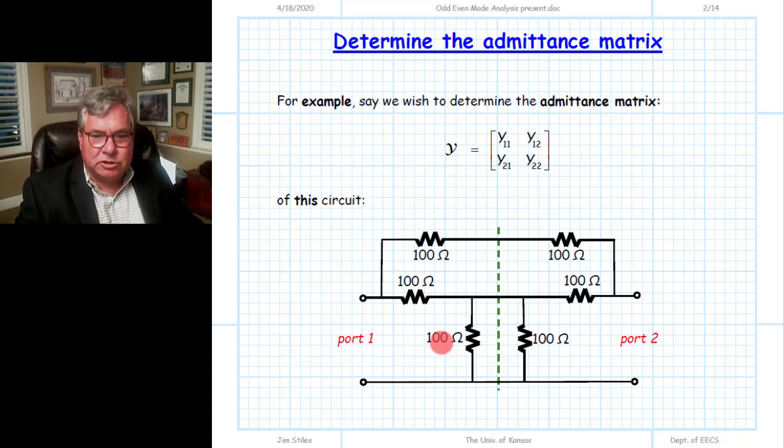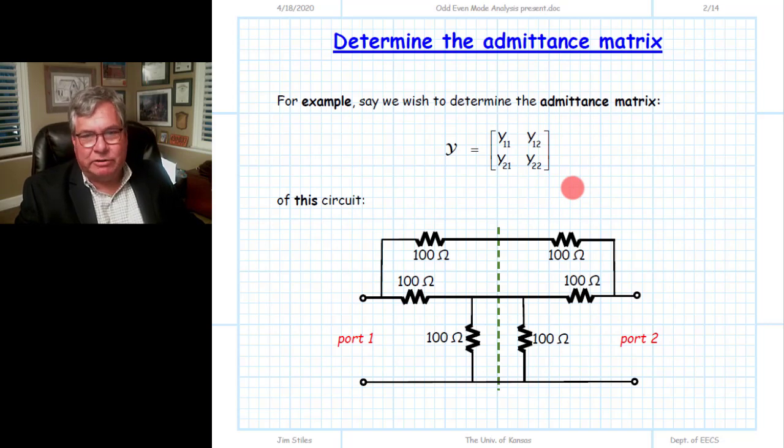Let's go back to our original circuit that had a single plane of bilateral symmetry, and we separated the 50 ohm resistor into two 100 ohm resistors in parallel. We separated the 200 ohm resistor into two 100 ohm resistors in series. We're going to label this as port 1 and this as port 2, and we are going to try to determine the admittance matrix for this two-port device.